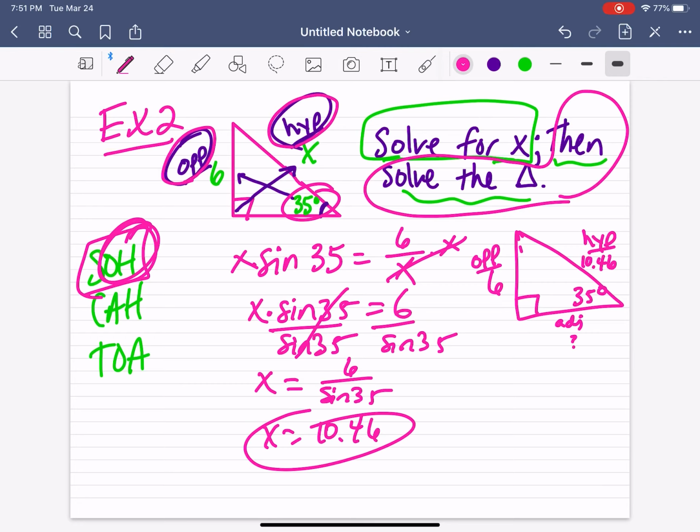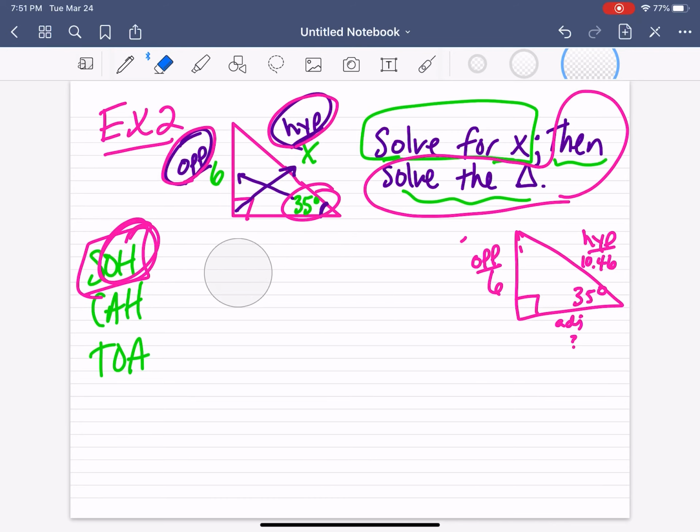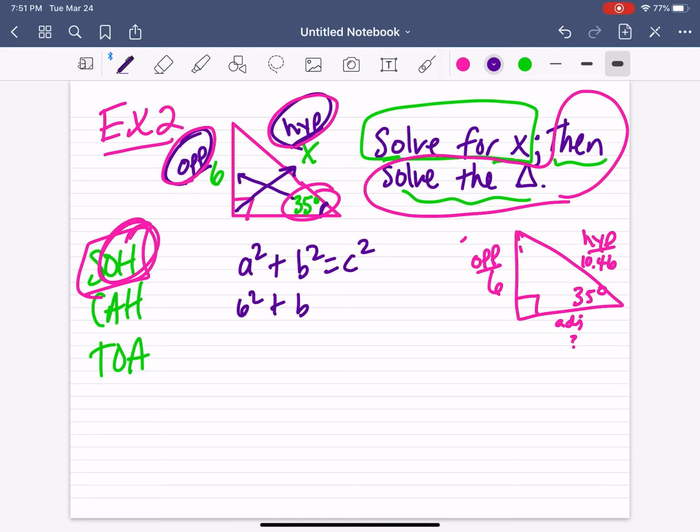And of course, since it's a right triangle, you can use the Pythagorean theorem. So I'm going to erase all of this to have space to solve for the adjacent side. a squared plus b squared equals c squared. So a squared will be 6 squared plus b squared.